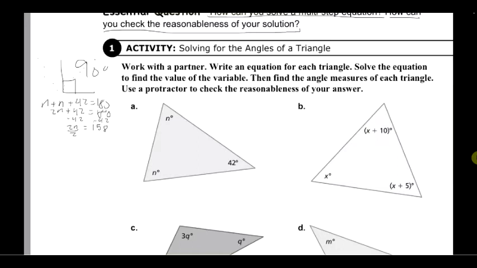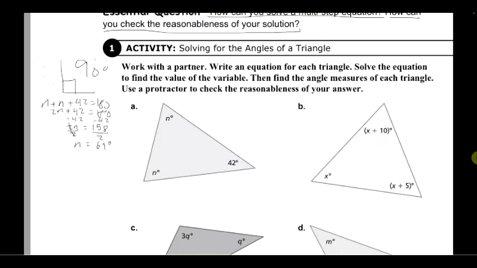What's the inverse operation of 2 times n? It would be dividing by 2. 2 divided by 2 is 1, and 158 divided by 2 is 79. Wait, that gives 69 degrees. That's what n equals.